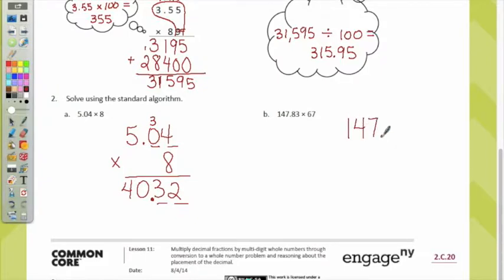So let's do this one. It looks hard, but it's really not because it's just times 67. Now keep in mind, boys and girls, if you want to use the lined paper, you can turn the lines vertical and line up your numbers better.